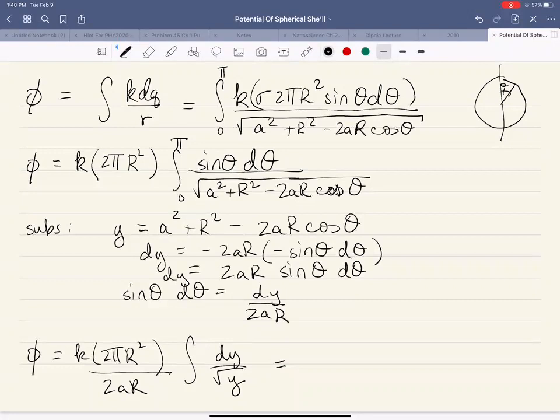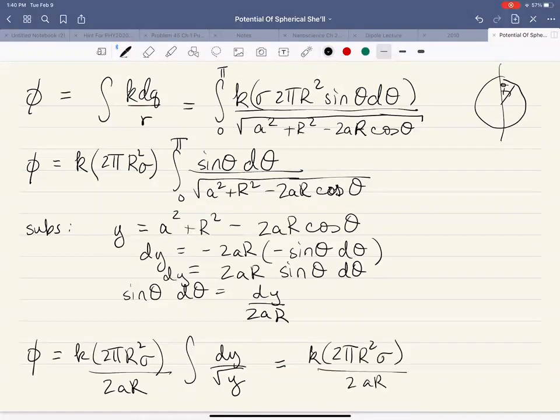So you increase the power by 1 when you do an integration. And so that means that what I've got here, I've got k times 2 pi, whoops, I dropped my sigma somewhere there. There we go. Okay, times 2 pi R squared sigma over 2aR, right?